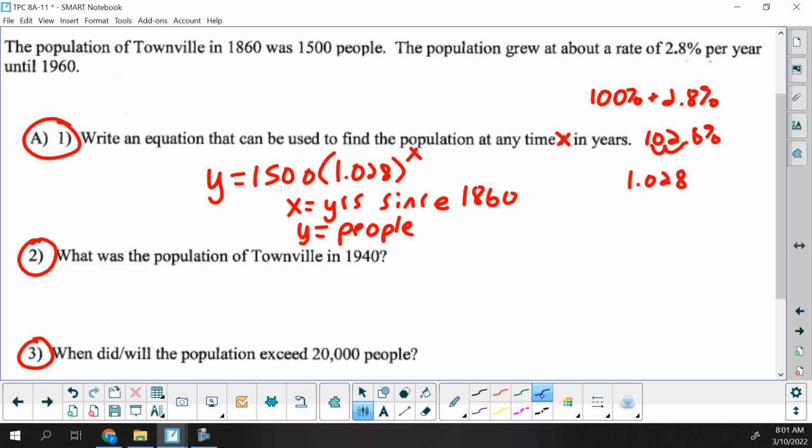What was the population of Townville in 1940? Well, 1940, that's 80 years after we started in 1860. So we're going to have y equals 1,500 times 1.028 raised to the 80.